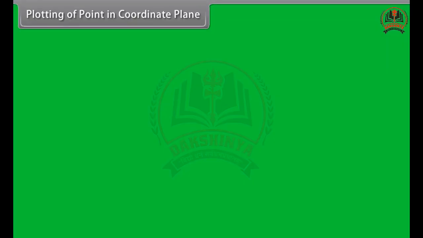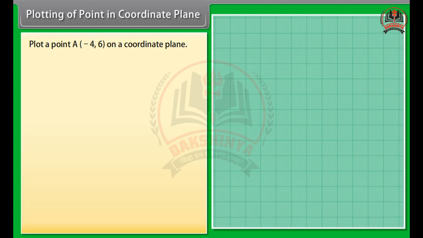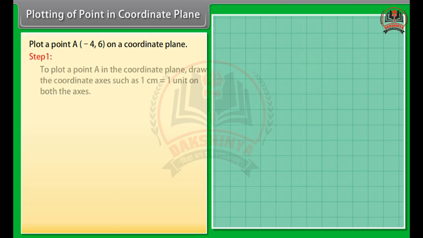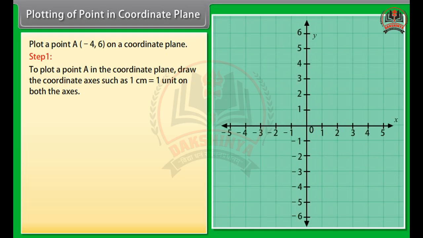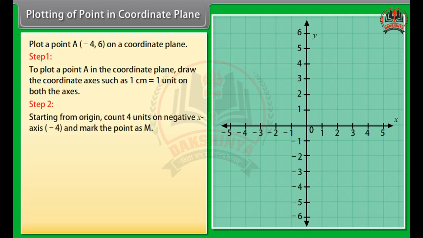Plotting of point in coordinate plane. Let us now learn to plot a point in the coordinate plane. Let us plot a point A, -4, 6 on a coordinate plane. Step 1. To plot a point A in the coordinate plane, draw the coordinate axes such as 1 centimeter is 1 unit on both the axes. Step 2. Starting from origin, count 4 units on negative x-axis, that is, -4, and mark the point as M. Step 3.